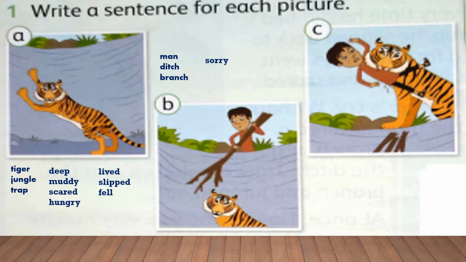It describes how the man felt when he heard the tiger crying for help. We have 2 verbs here, heard and lowered. Picture C, we have 3 words, jaws as a naming word, scared as a describing word, and finally grabbed as a verb.